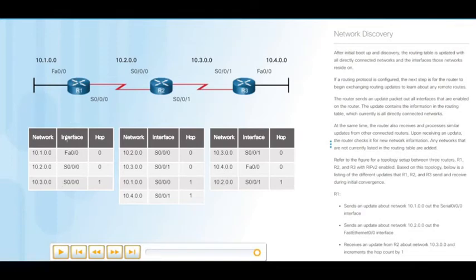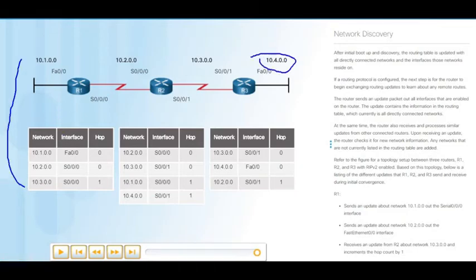R1 has 3, so it still needs 1 in order for network convergence to occur. Which network is missing here that R1 hasn't learned yet? If you answered 10.4.0, that is correct.